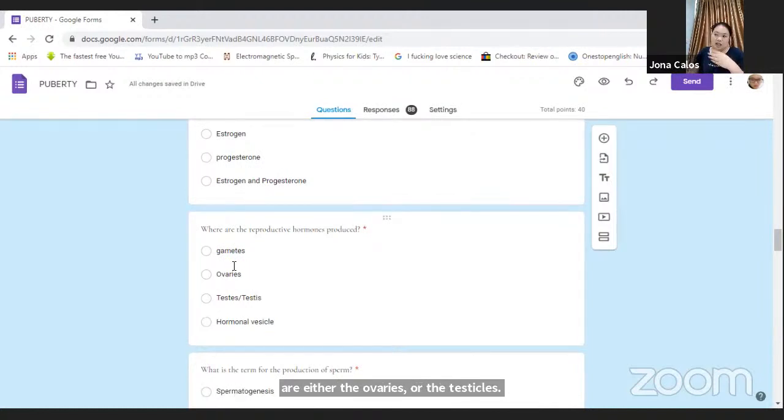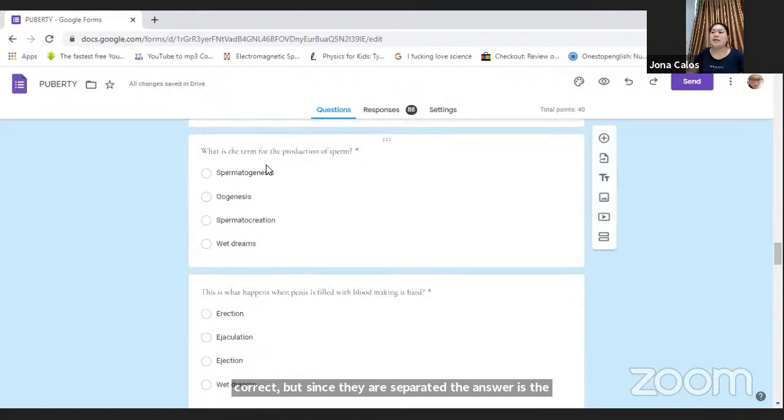Since I did not say female or male, it means both. So the term gonads is for both male and female. So the best answer is gonads. Okay, if I have here ovaries and testes, that's also correct. But since they are separated, the answer is gonads.